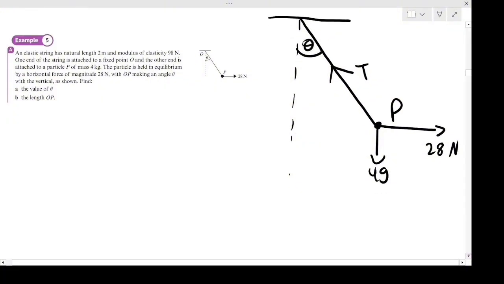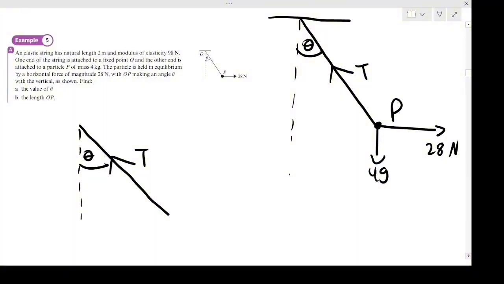If I just isolate and only draw the tension force like this, if I only focus on T, well, if I want to go up the string in this direction, to split it up horizontally and vertically, I'm first going to have to move to the left, then up. Hopefully you can see that.